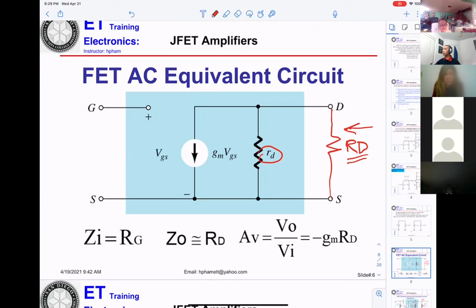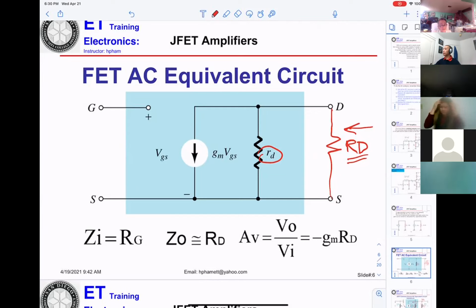You can look into the textbook or go to Google and see what internal resistance that simple model will be using, R big D or R small d. I'm only telling you that's a resistance inside the JFET. We cannot do anything. They build it that way.